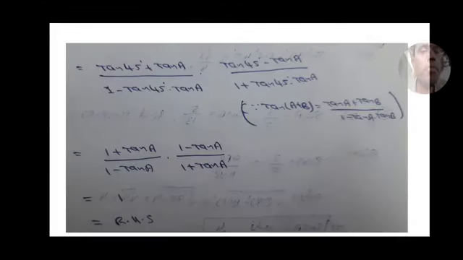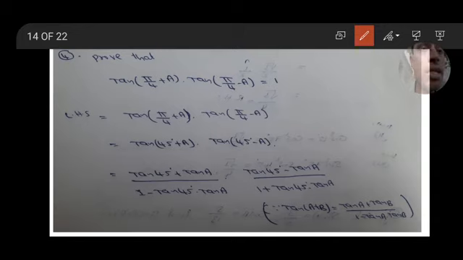Next problem, prove that tan of pi by 4 plus A into tan of pi by 4 minus A equal to 1. Okay. What is the LHS? LHS tan of pi by 4 plus A into tan of pi by 4 minus A. Pi by 4, what is the pi by 4 value?